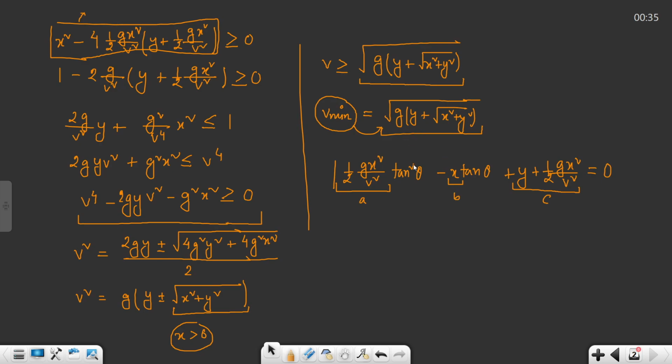Since the discriminant is 0 for this guy over here, one thing is for sure: tan theta will be equal to minus b divided by 2a.